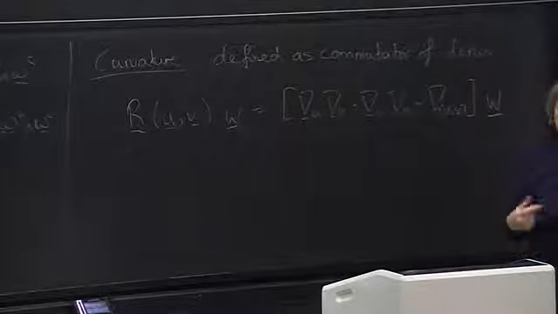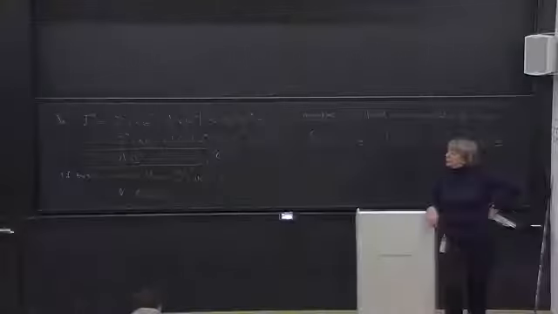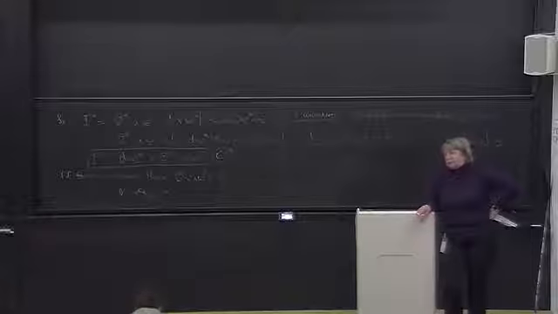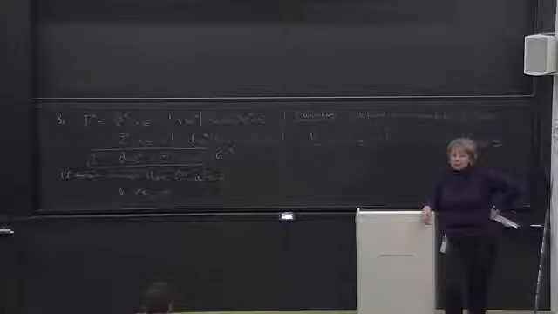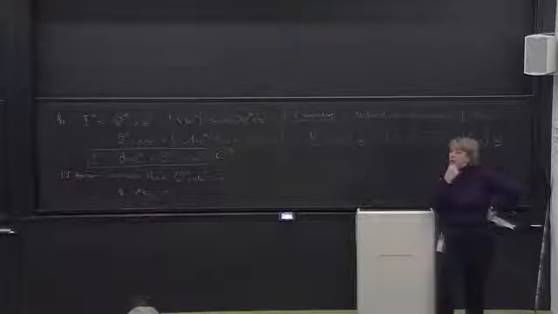Curvature is just like when you do gauge theory. Your Maxwell stress tensor, or the equivalent field strength if you have a non-abelian gauge field, is defined as a commutator of gauge covariant derivatives. If you just have an abelian gauge field A, that simply gives you d_mu A_nu minus d_nu A_mu.